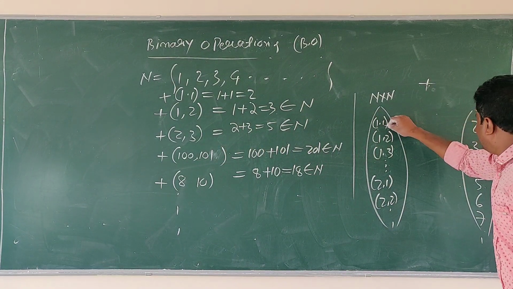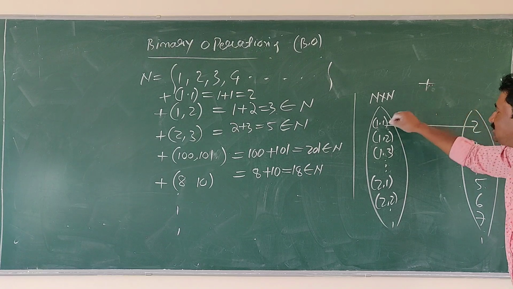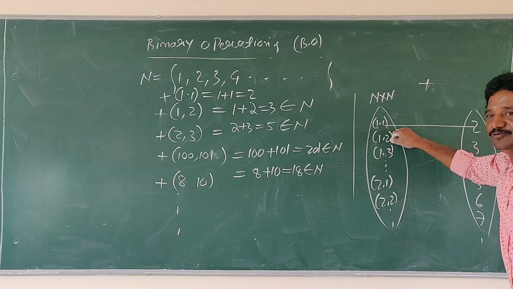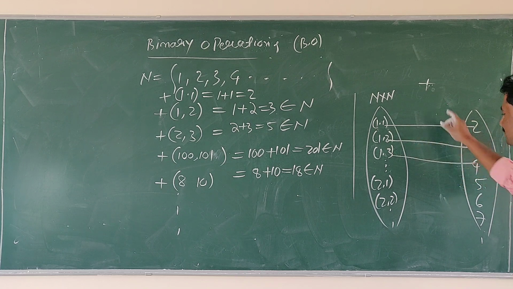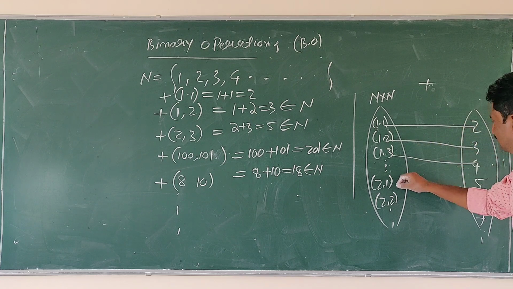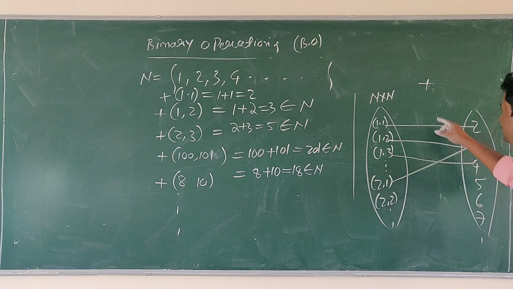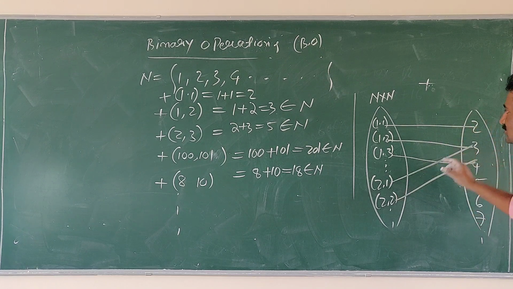Plus relates 1, 1 with 2. Plus of 1, 2 means 1 plus 2, 3. Plus of 1, 3, 4. Plus of 2, 1, 3. Plus of 2, 2, 4, and so on.